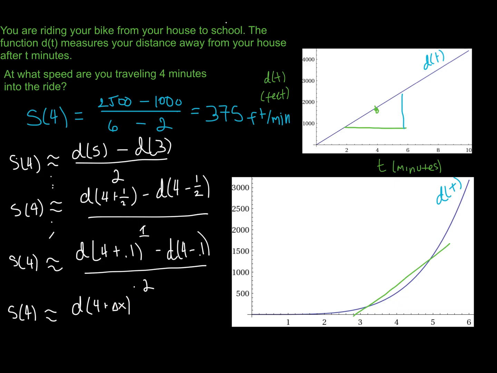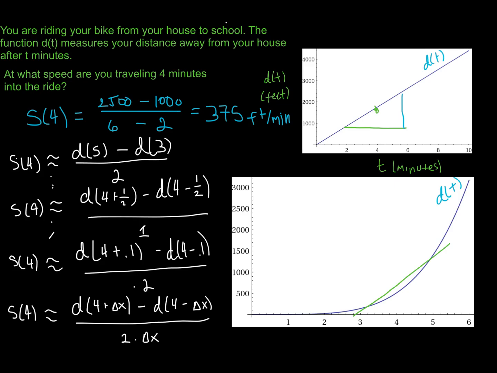So then we're going to subtract away D of 4 minus whatever we pick for our change in x to be. And what are we going to divide it by? Well, the distance between these 2 points, this is 4 plus whatever the change in x was, and this is 4 minus whatever the change in x was. So we just have 2 times this change in x.